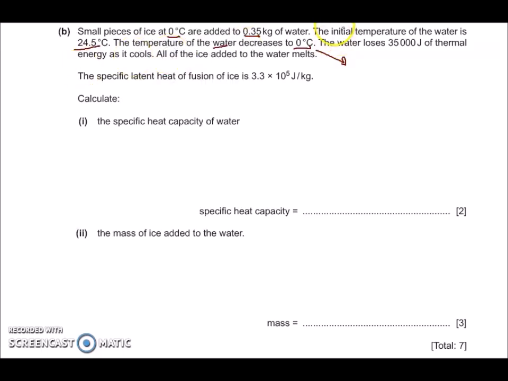Okay, you can see the initial temperature of the water is 24.5. Temperature of water decreases to 0. So you can see the change of temperature here is how much? It is 24.5 minus 0. Yeah, you are getting 24.5. You okay with this? This is the change of temperature.